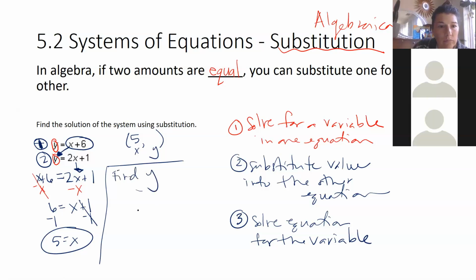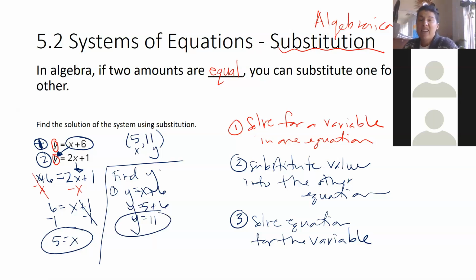I think 1, because the x isn't multiplied by anything. I agree. So we're going to use x plus 6, and we're going to substitute in 5 to find our y value. There you go. All right, so your solution to the system is 5 comma 11.